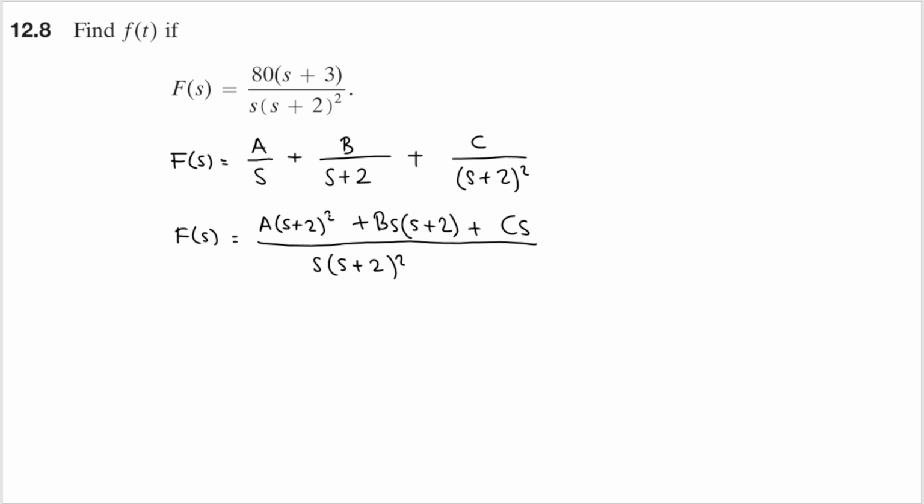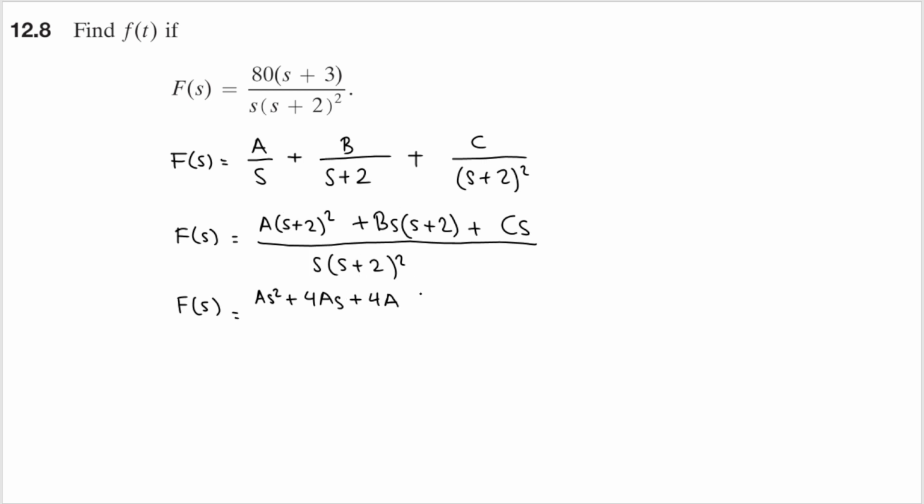Okay, maybe let's break this down. So we will have F(s) equal to, this one will be s squared plus 4s plus 4, so we will have As squared plus 4As and then plus 4A.